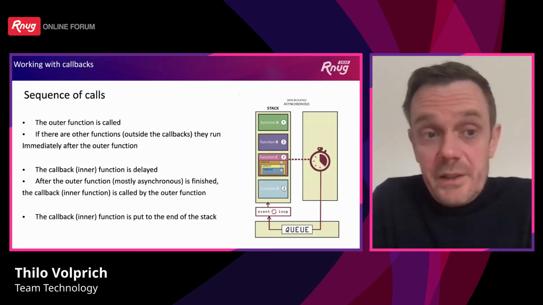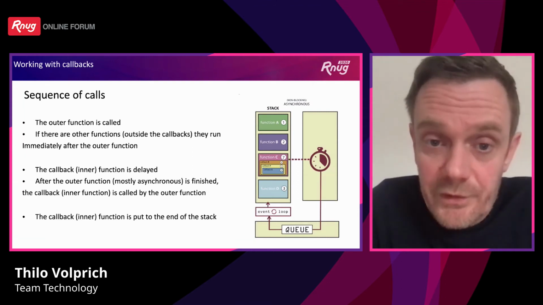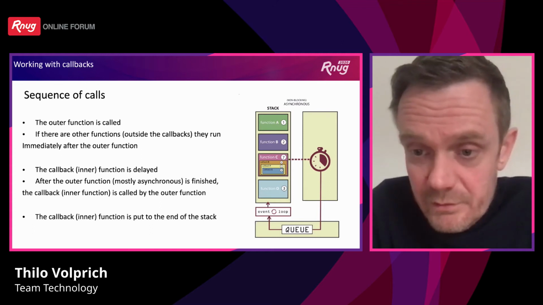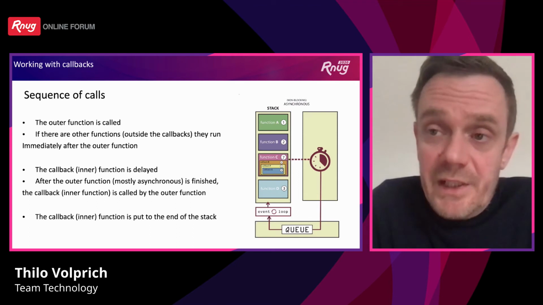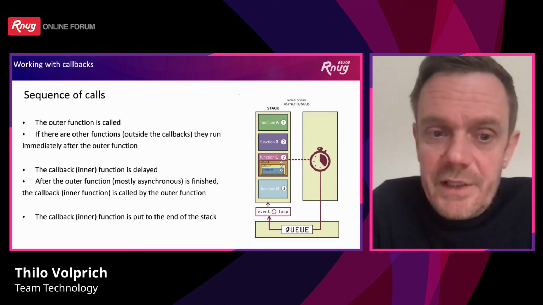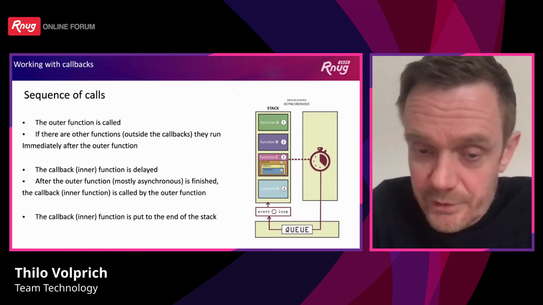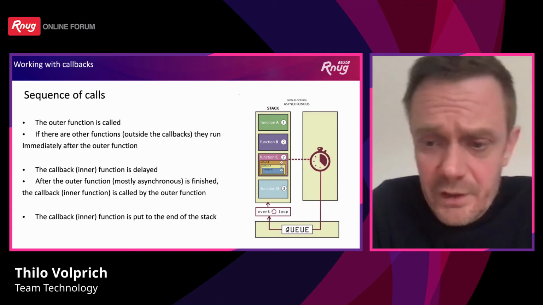What is happening here? The outer function is called. If there are other functions outside the callbacks, they run immediately. We don't have them in our example. The inner function is delayed until something happens after the outer function, mostly asynchronous, is finished. The callback, the inner function, is called by the outer function.